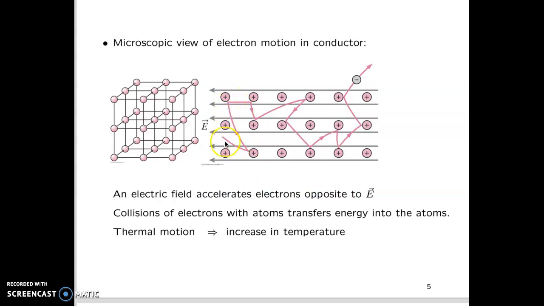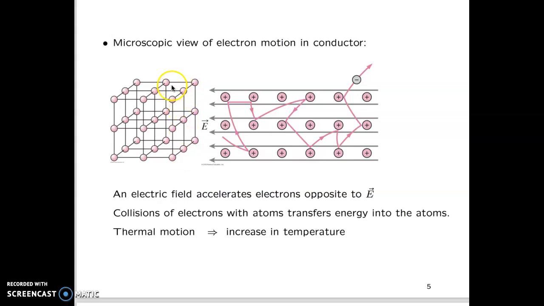These atoms are fixed in place in a solid. So in this picture over on the left, you're supposed to imagine these as being the atoms in a lattice-like structure in a solid that could represent something like copper. So these could be copper atoms that are all stuck in place.